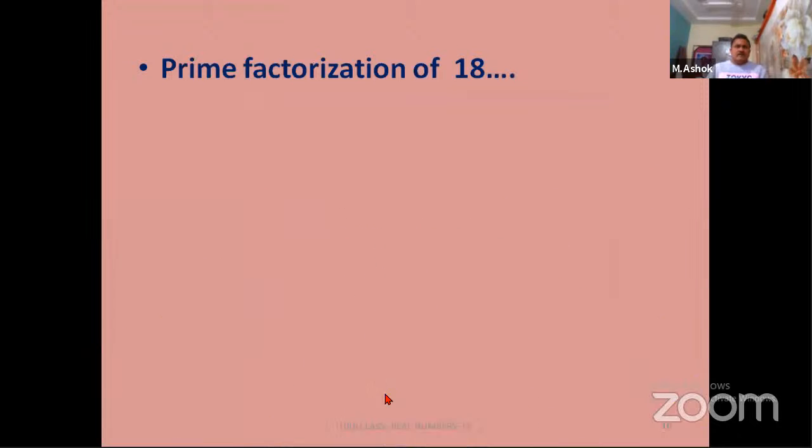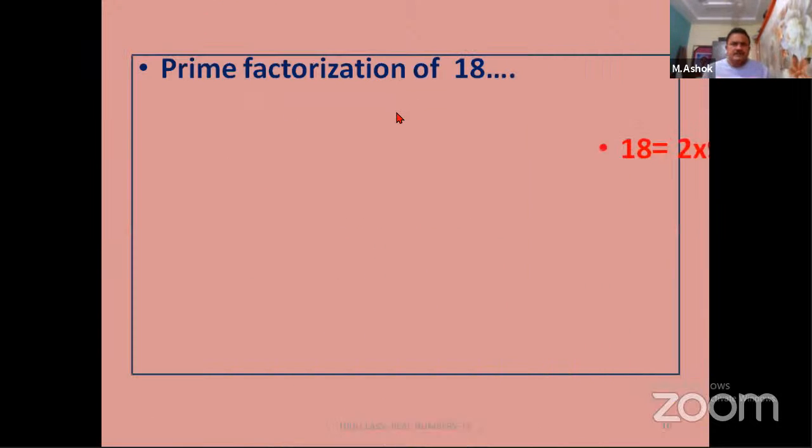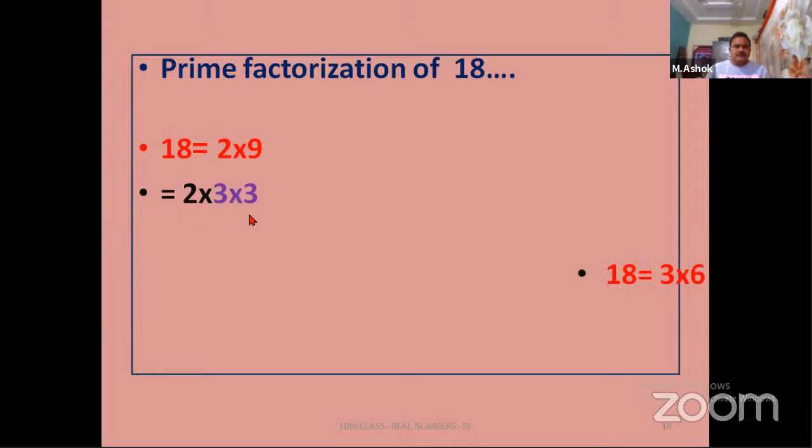Look at the prime factorization of 18. I'm taking one pair, 2 into 9, and 9 is not a prime number, so write 9 as 3 into 3. So 18 is equal to 2 into 3 into 3. These are the prime factors of 18.